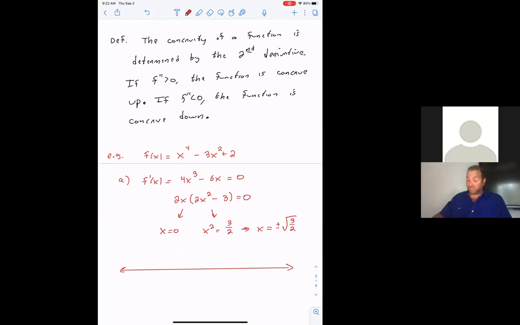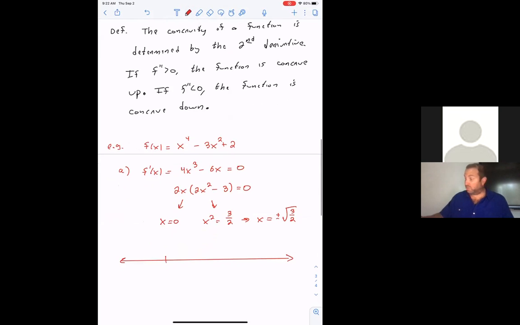So for the first derivative test, we would plug in those values. Now, square root of 3 over 2 is approximately 1.22. Negative square root of 3 over 2 is approximately negative 1.22, and 0.